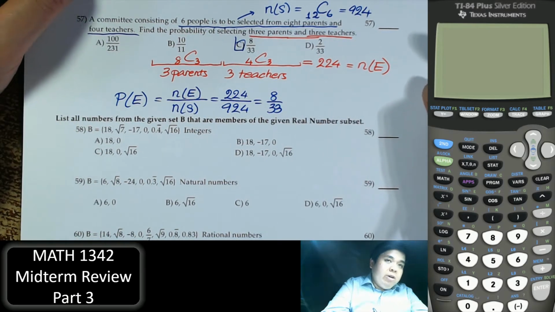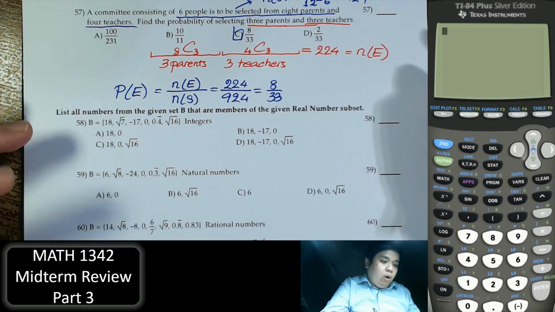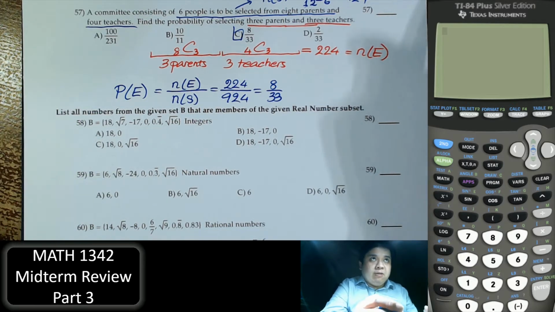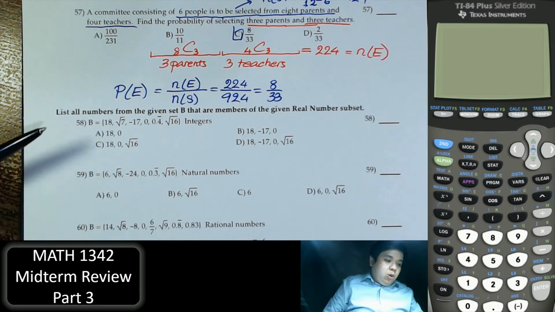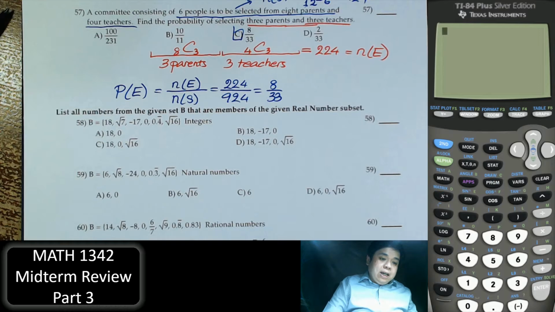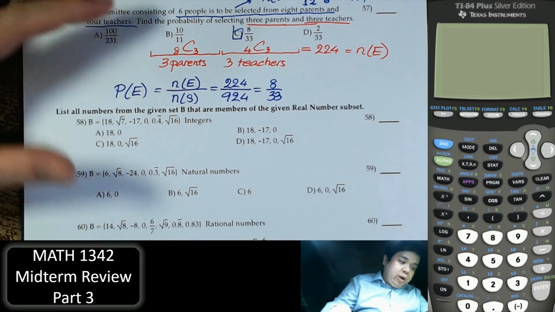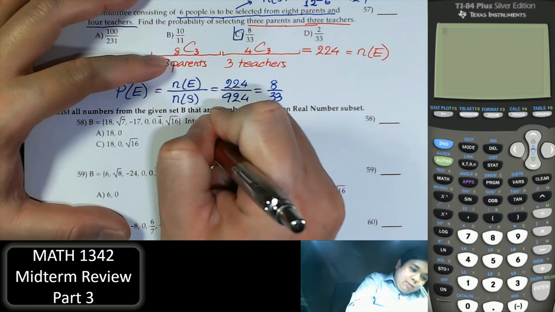We continue our review. This is only the math or the integrated review part of the class. On this list, all the members in the real numbers, subsets of real numbers. Integers.